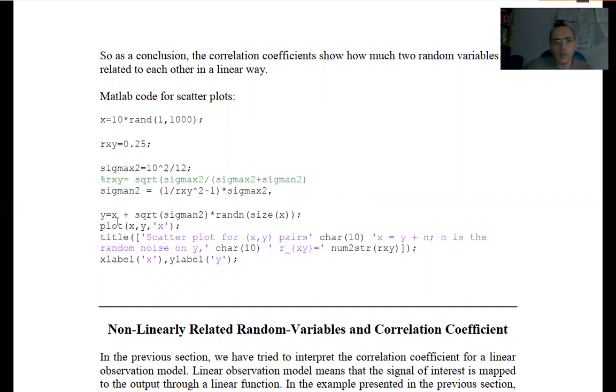Now I have y equal to x plus noise, and randn is a Gaussian distributed random variable with 0 mean and unit variance. If I multiply this by the square root of sigma n squared, I get a Gaussian distributed random variable with 0 mean and sigma n squared variance, where sigma n squared is adjusted to have the desired correlation coefficient.